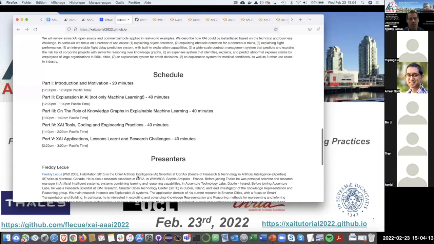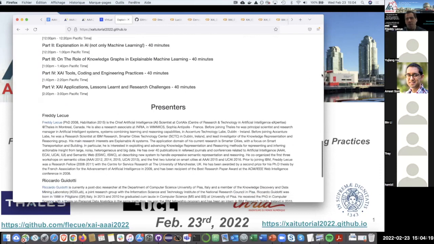Then we move to application and lessons learned. So that's the agenda of today, and I'll post the link of the GitHub here again, if you need it. With those two links you have exactly what you need.